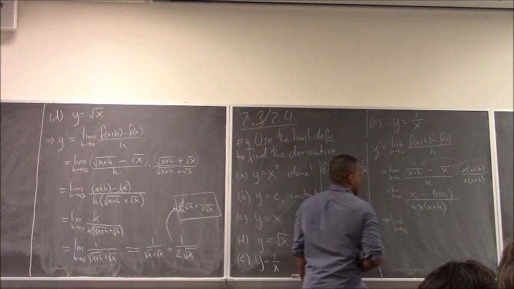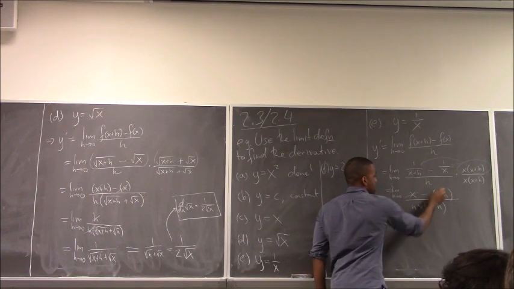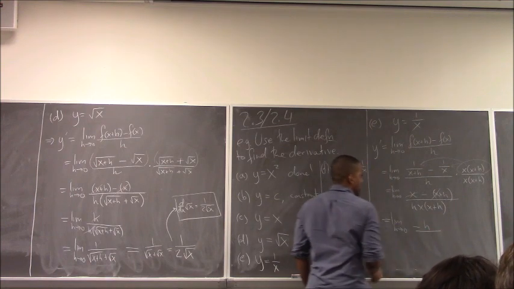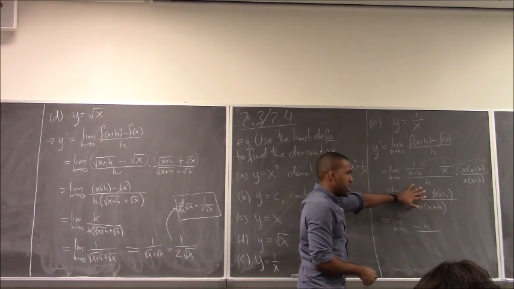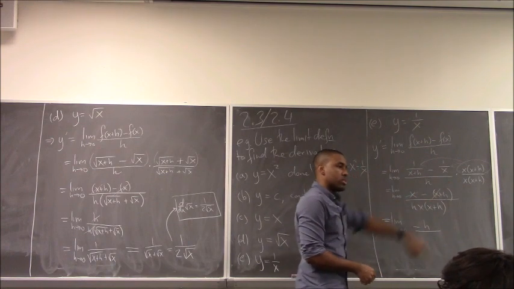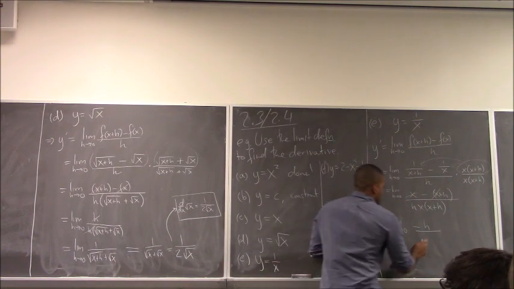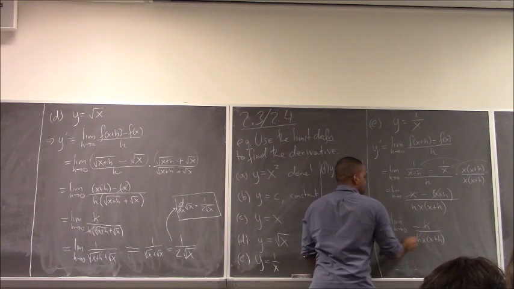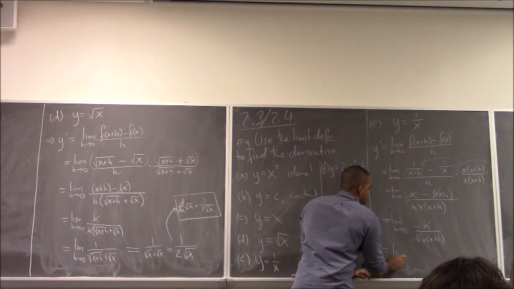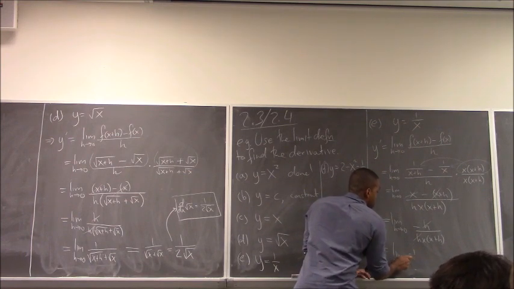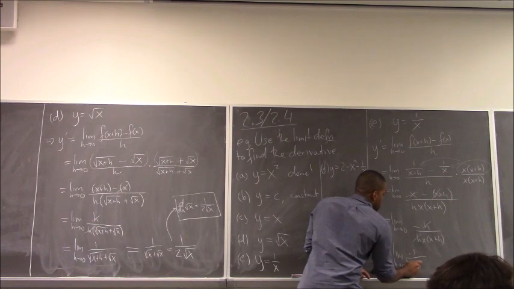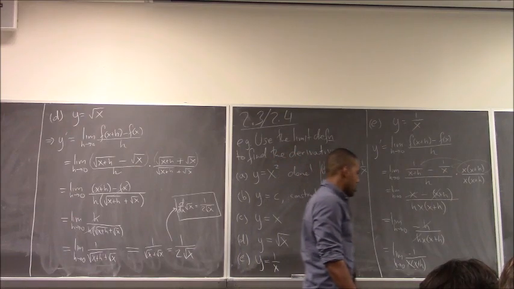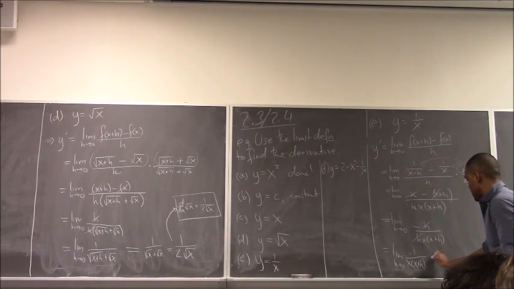So now here we have x minus x, and then we have a negative h. I saw a few people make mistakes like that as well. They forgot that they had to distribute a sign. So now what happens is the h's will cancel, and we have minus 1 divided by x times x plus h. You'll notice that now we can plug in h equals 0 without making the denominator identically 0.